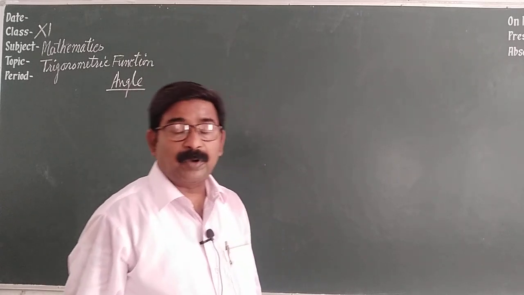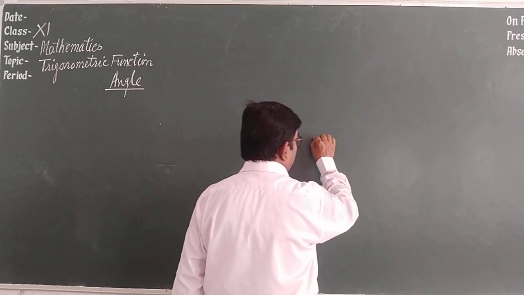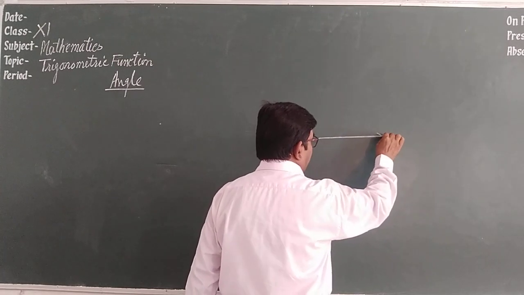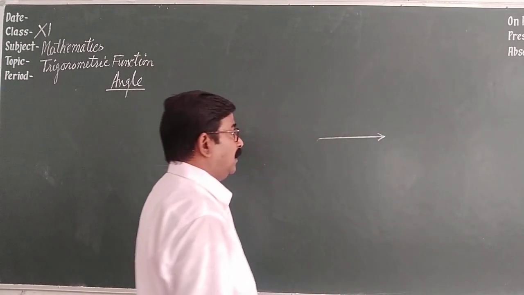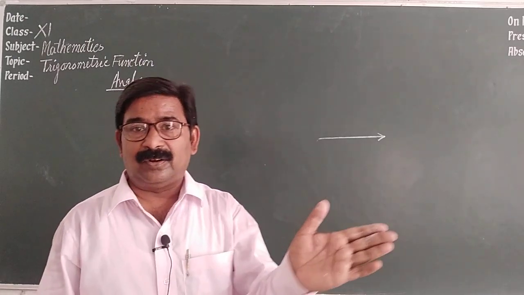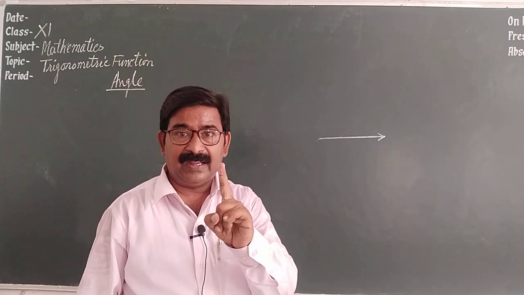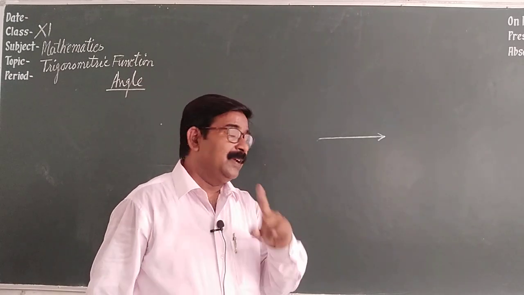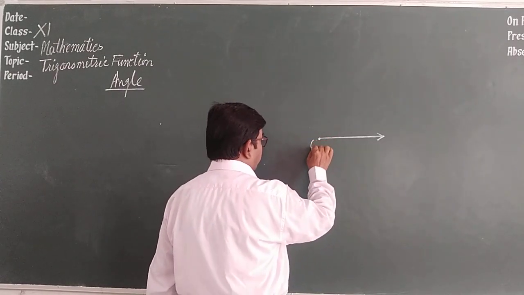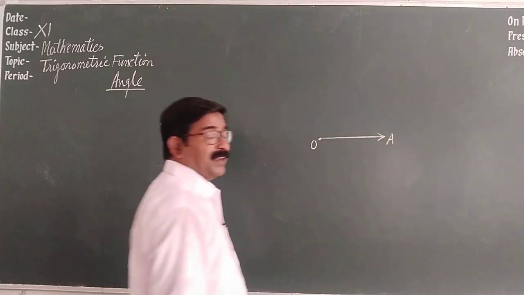What is the proper definition? When a ray terminates clockwise or anti-clockwise, only one ray, let this initial point be O and this point be A. OA is a ray.